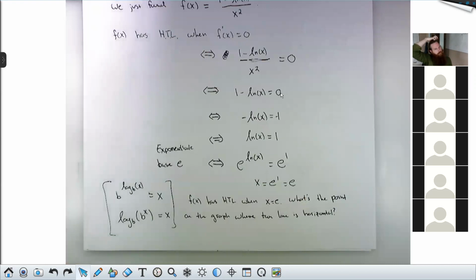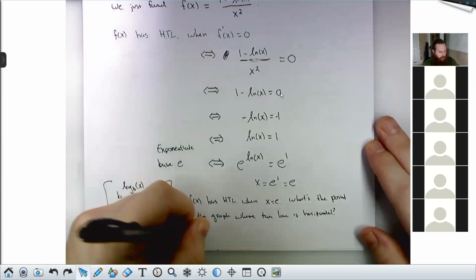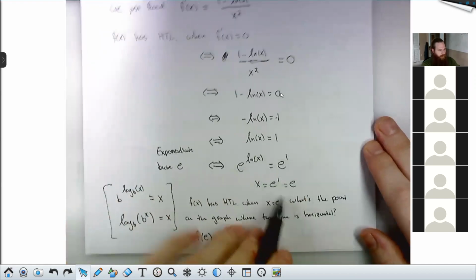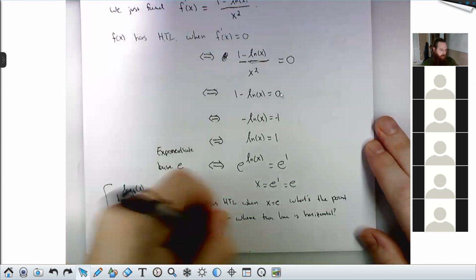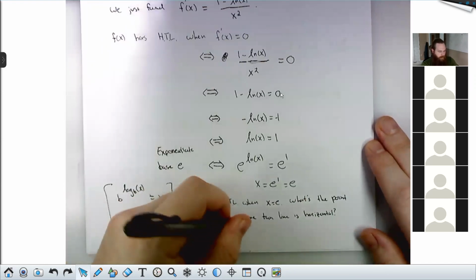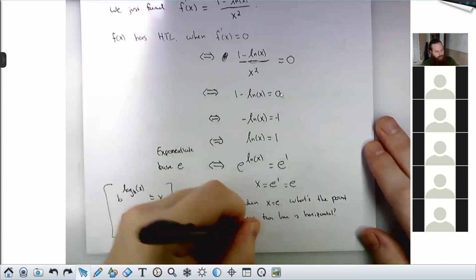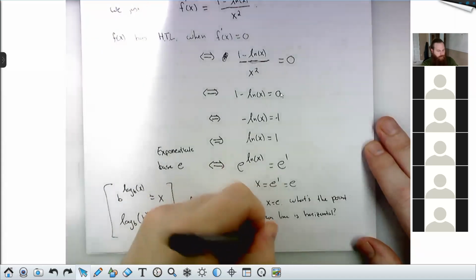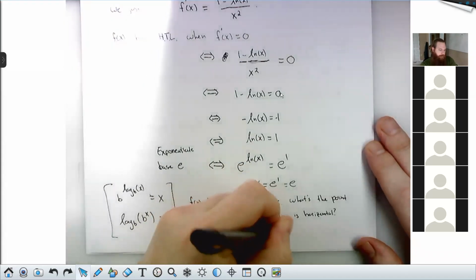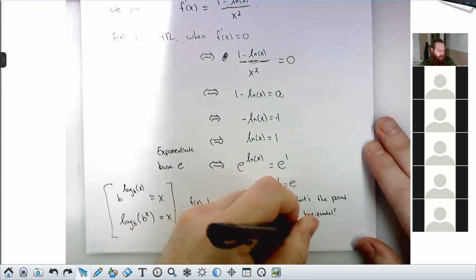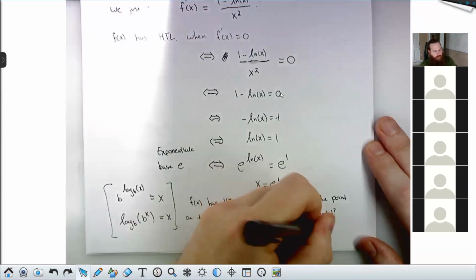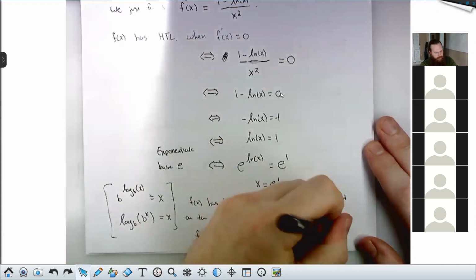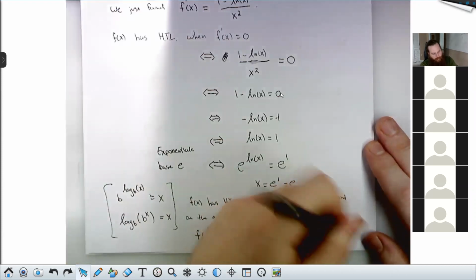How do I find the y value? I take this number and I plug it back into the original function, which was ln x over x. So this would be ln e over e. The natural log of e is 1. So this is 1 over e. Therefore, the point is e, comma, 1 over e.